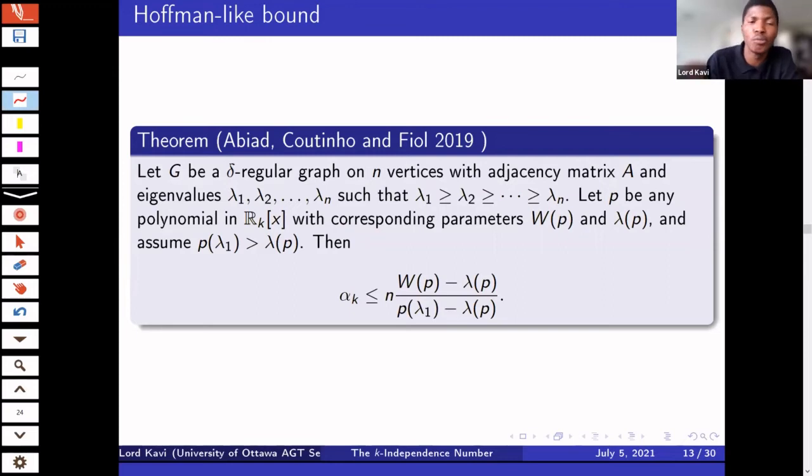With these parameters and considering a delta-regular graph, Abiad, Cioabă and Tait came out with this important result, which is a generalization of the ratio bound. The condition is that the polynomial evaluated at the largest eigenvalue is greater than lambda of p. Then alpha k, the k-independence number, is bounded above by this value.